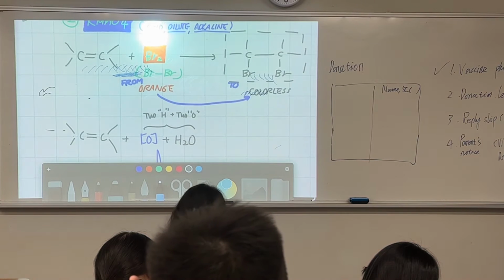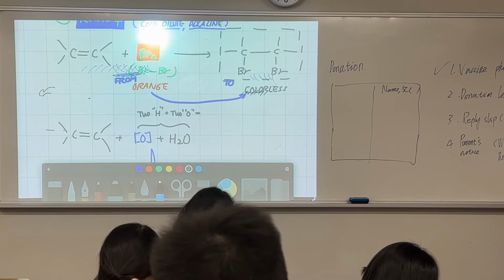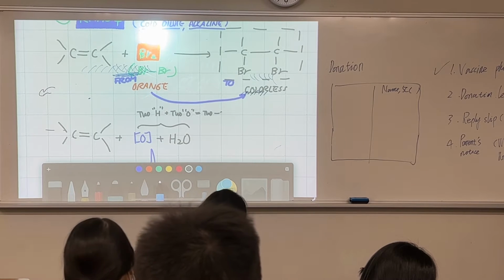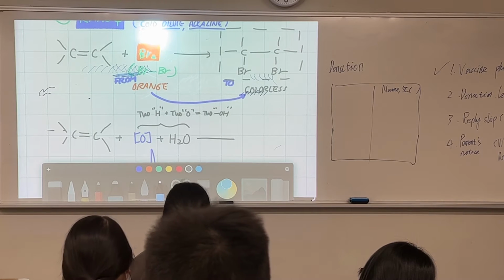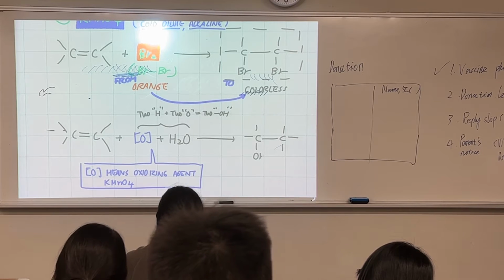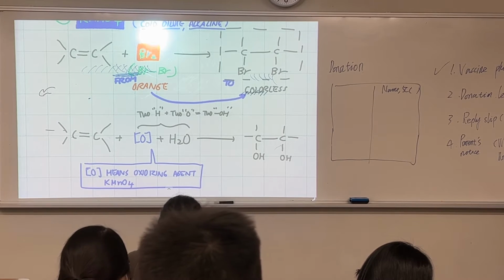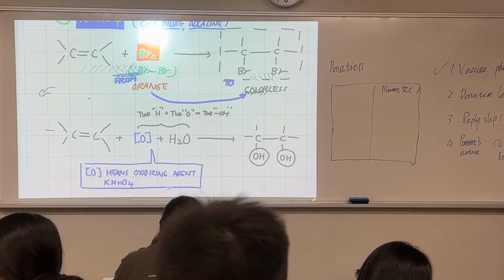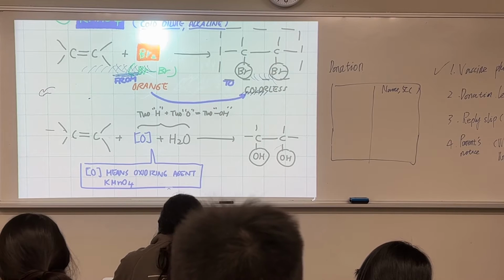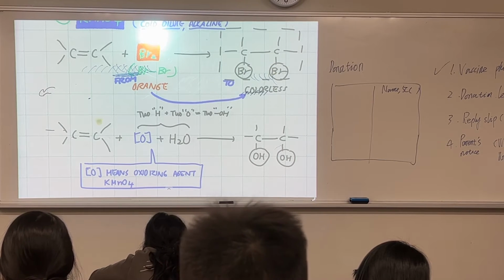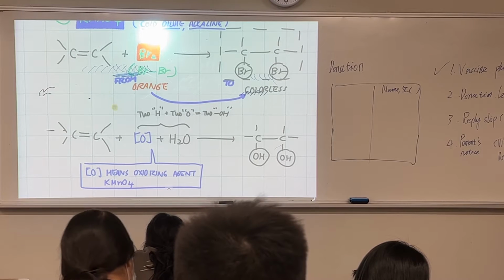And these two O and H's are equivalent to 2 OH groups. They will then be added across the double bond, like that. So you have the OH here and the OH there. So you are adding 2 OH groups across the double bond. And on top, you're doing similar things. Here you add 2 of the same thing, they are Br. And here you add two of the same thing, they are OH, into the double bond.